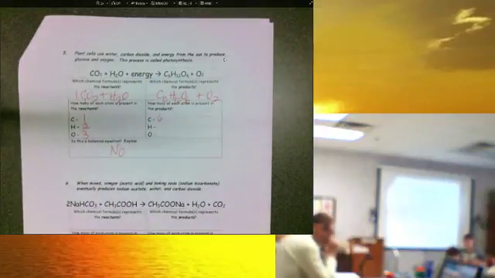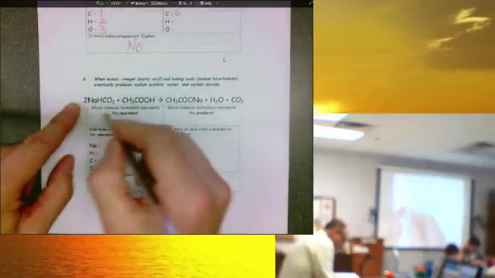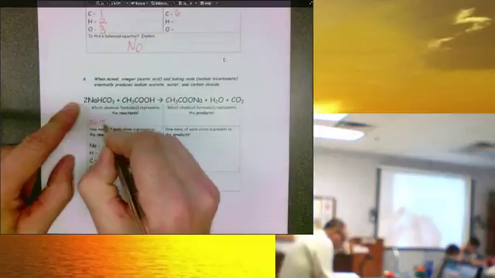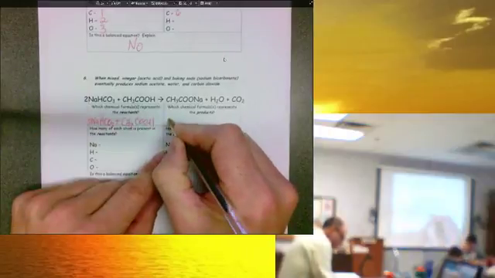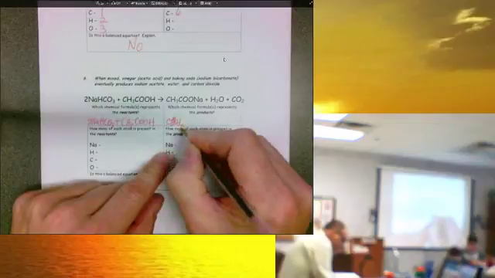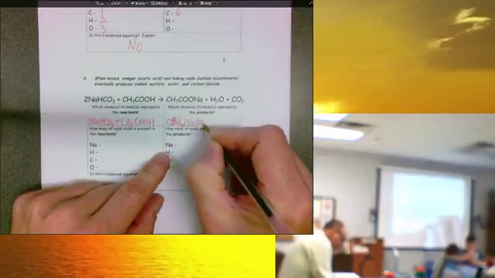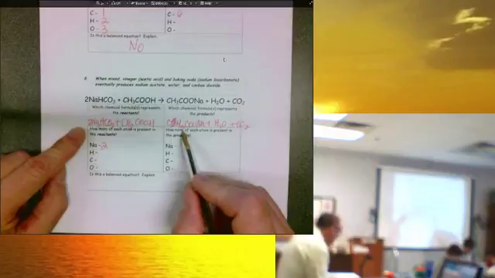Okay, on this next one, long and complicated: 2NaHCO3 plus CH3COOH gives CH3COONa plus H2O plus CO2. We have 2 Na's there, and how many here?